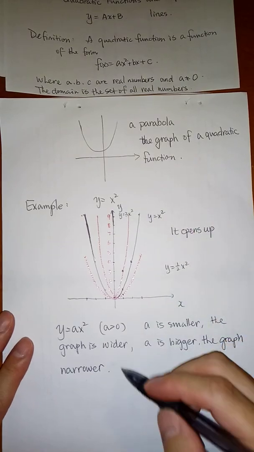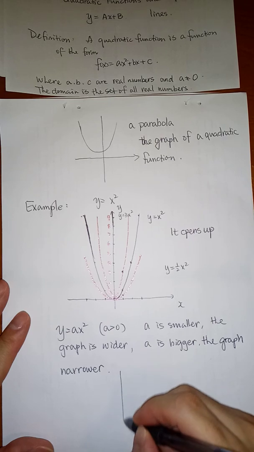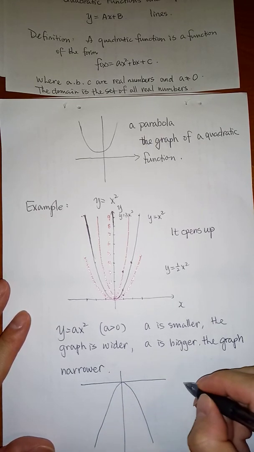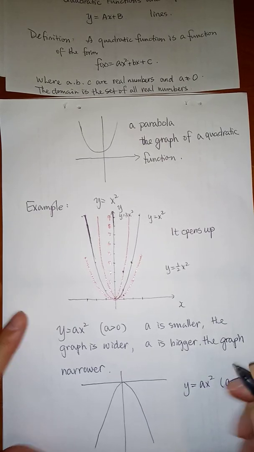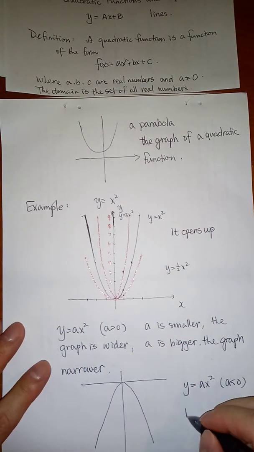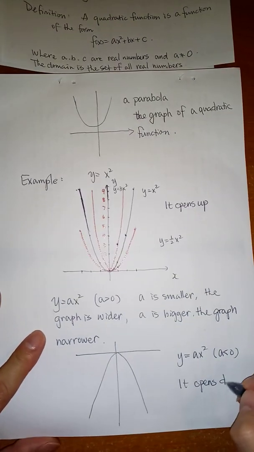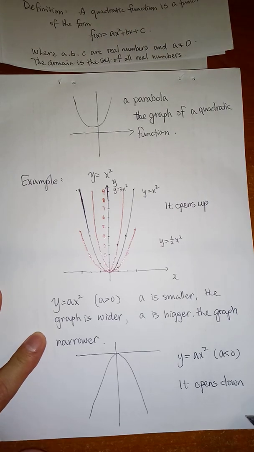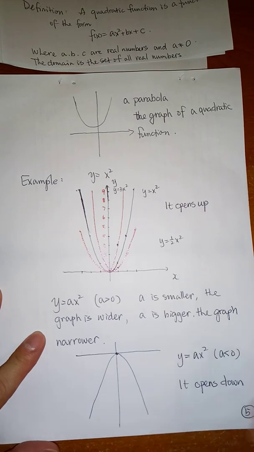If you have a negative coefficient, you basically just flip the graph down. So we call this opens down. It opens down. And it starts from this point.